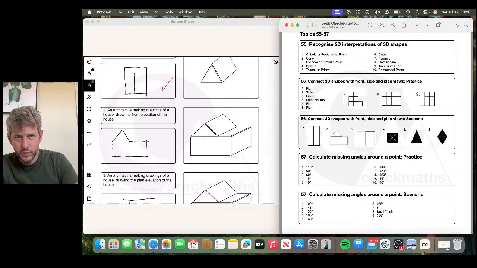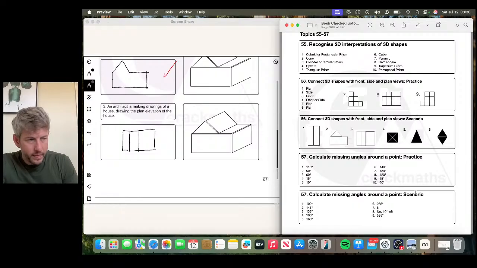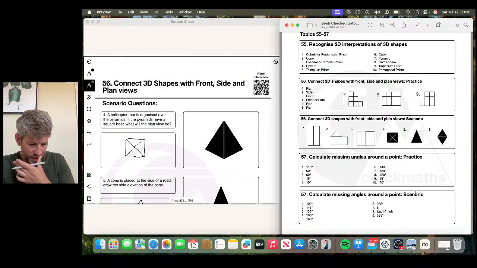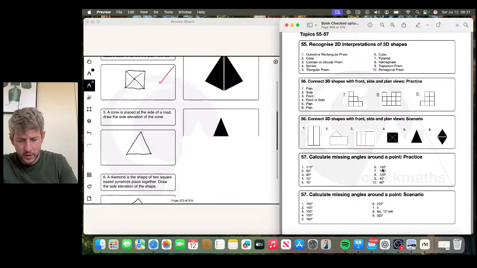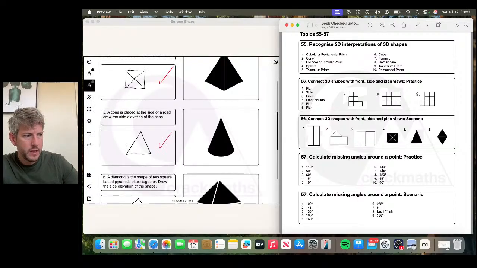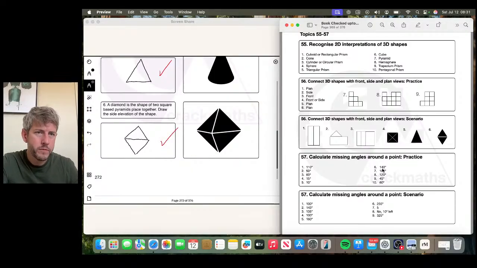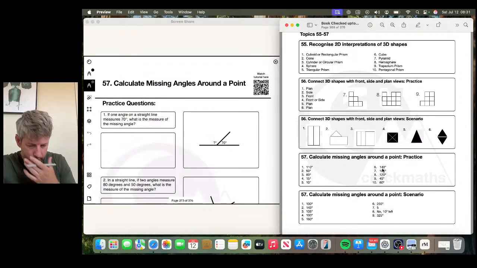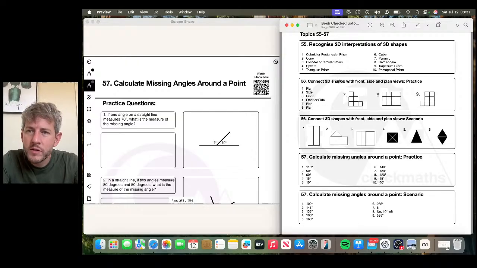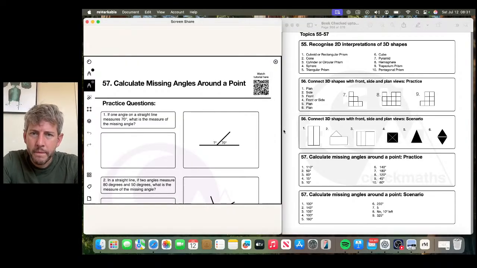So we agreed with this one. We agreed with this one. We agreed with this one here. Yep, number 4 is correct. Number 5 is right. And number 6. Wonderful. Right. Okay. Let's move on to topic 57.